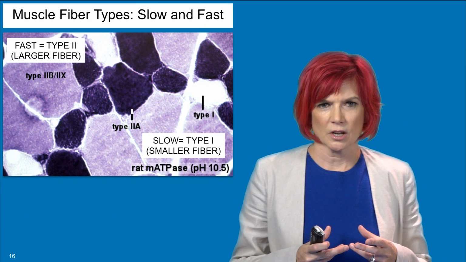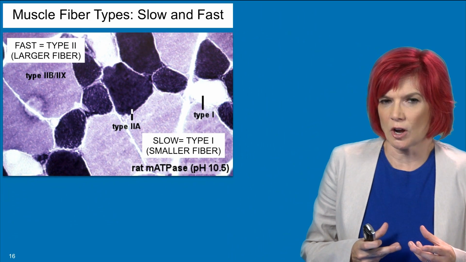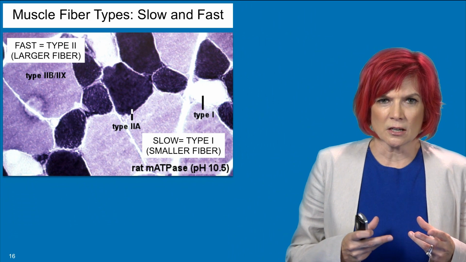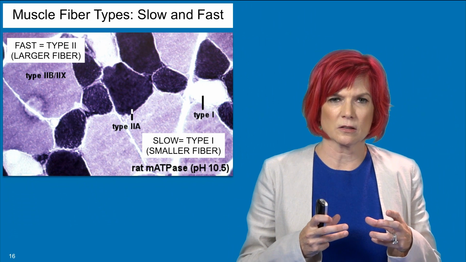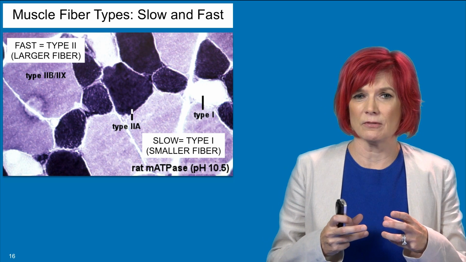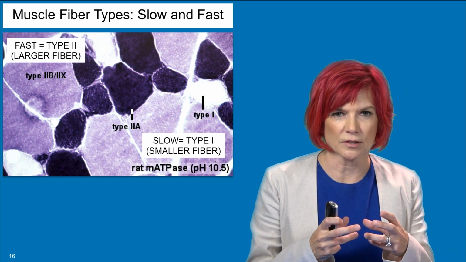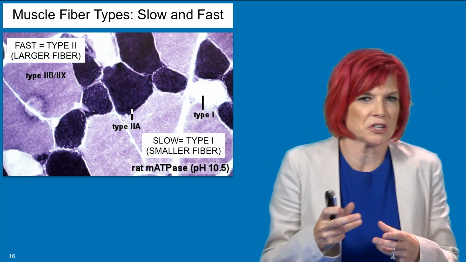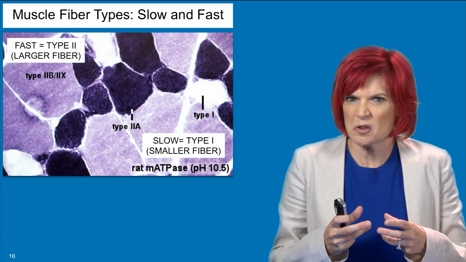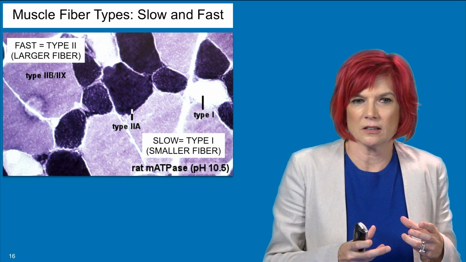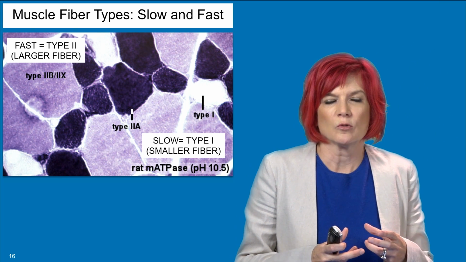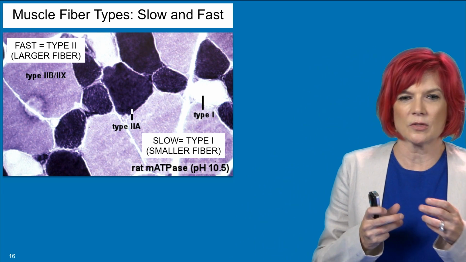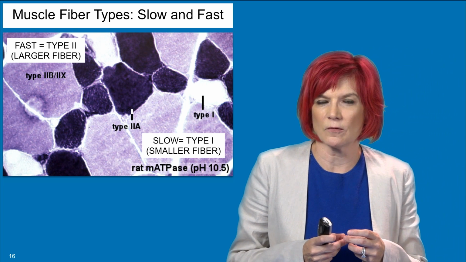We've learned through studying electron micrographs that a majority of skeletal muscle is made up of those gorgeous myofibrils. And those myofibrils are what lead to force production and actomyosin interaction. So it makes sense that the larger fibers would be the faster fibers and that the smaller fibers will be the slower fibers.